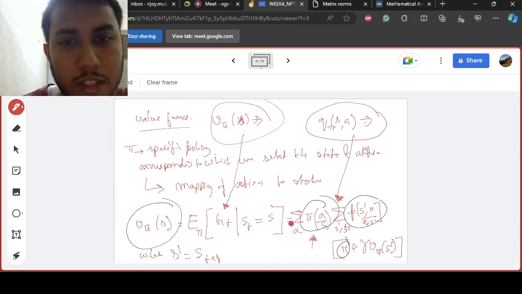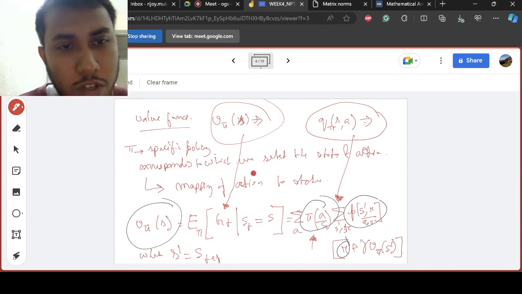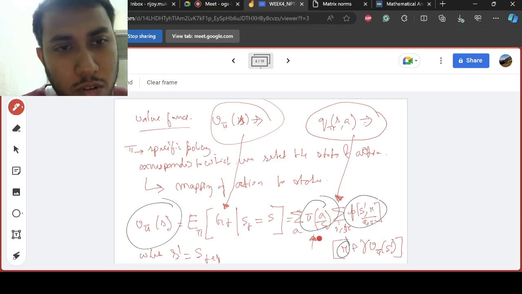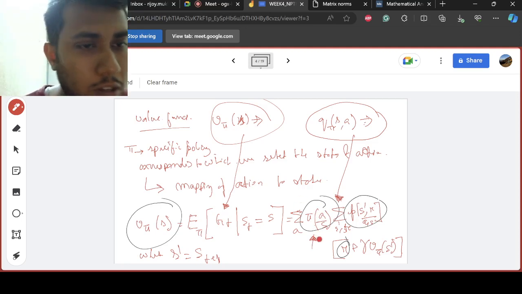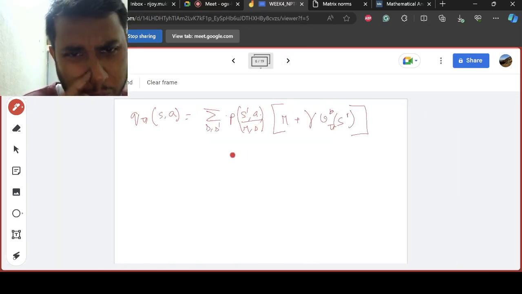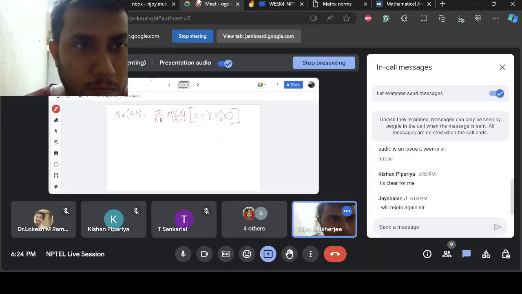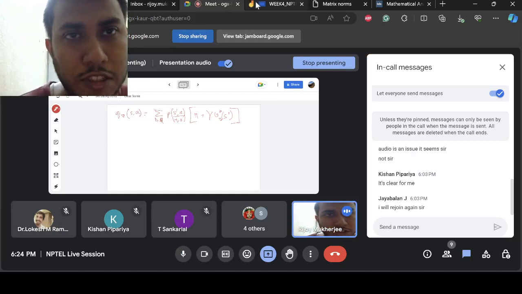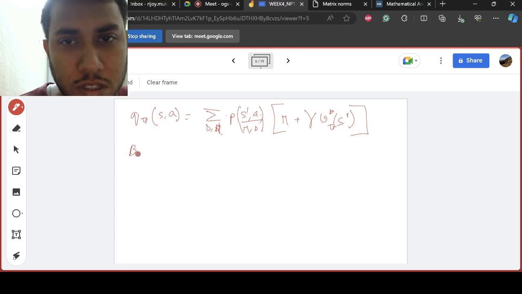Simply, what does this mean? At state S, you are taking a particular action. If you are taking a particular action, this value, this pi of S A, will become 1, nothing more. Right, so this is how you derive your Bellman equations.